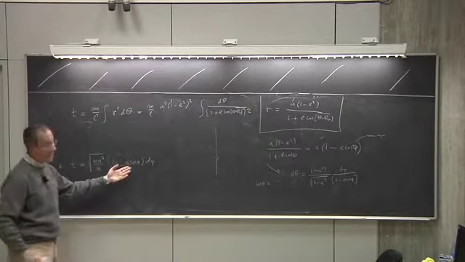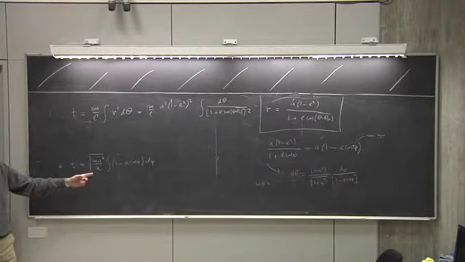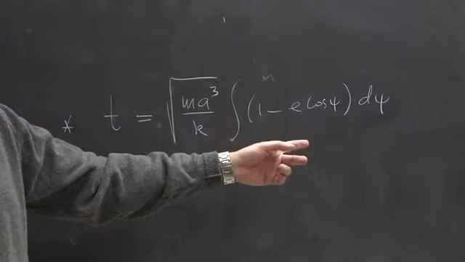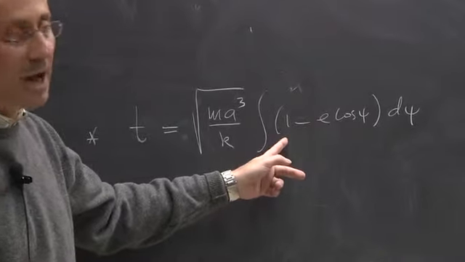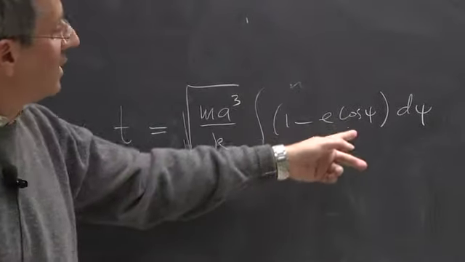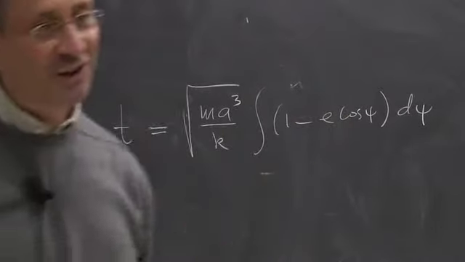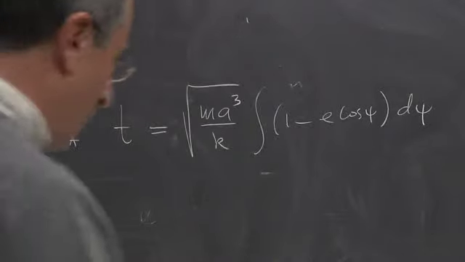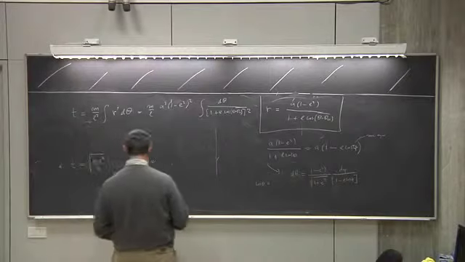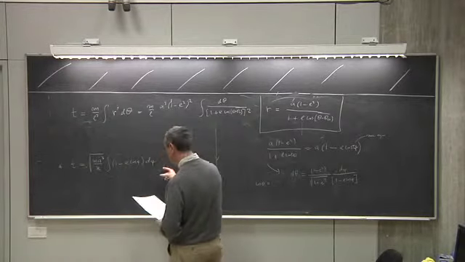Now, this looks like it really worked because this is a trivial integral now that even I can do, because it's the integral of d psi and then the integral of cosine of psi. Okay, I guess even without the tables of integrals, we know how to do that, right? So this can be integrated.